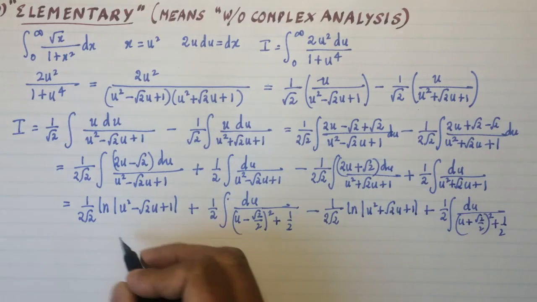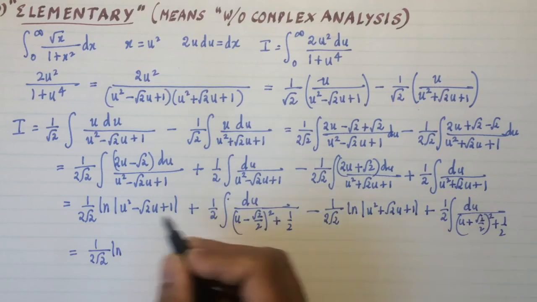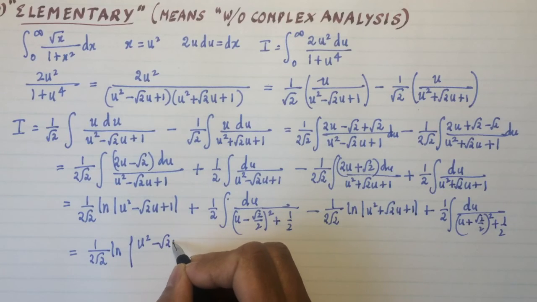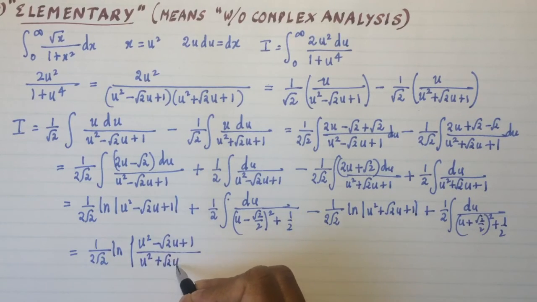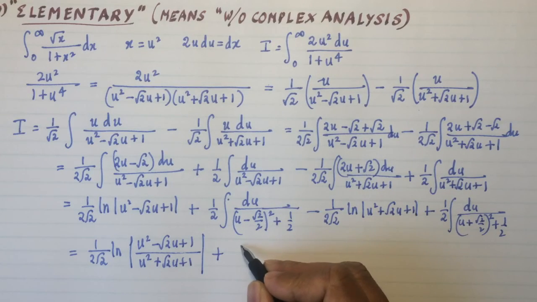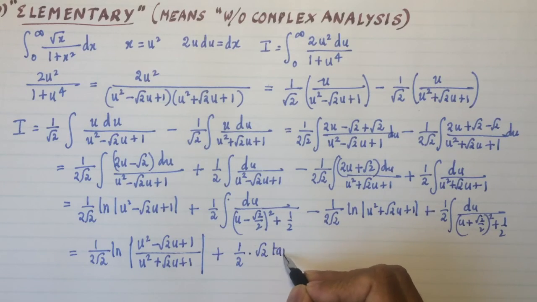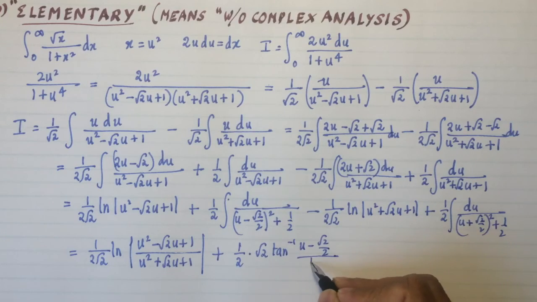So you can see it's not that bad, but it's kind of yucky. And here I'll combine these two by using the property of logarithms. So that's u squared minus root 2u plus 1 divided by u squared plus root 2u plus 1. And then these are just arctangents, so that's easy to do. It's 1 over 2, and then I get root 2 tan inverse u minus root 2 over 2 over 1 over root 2.